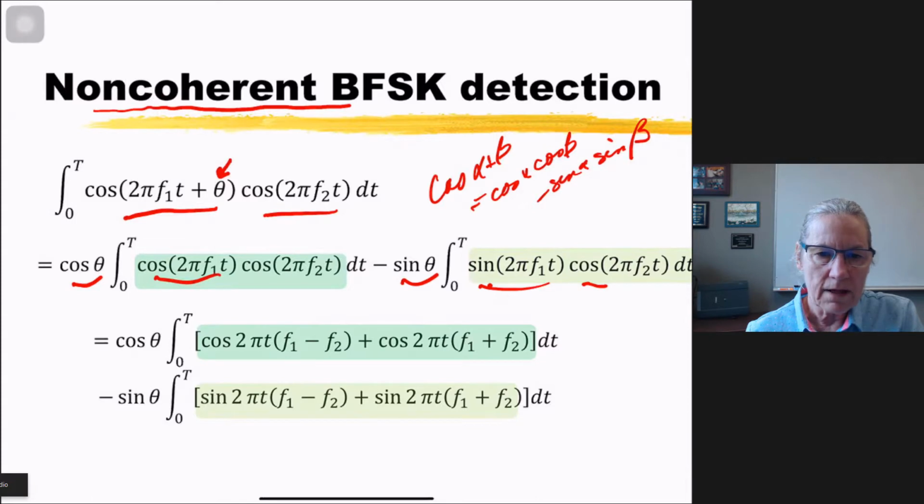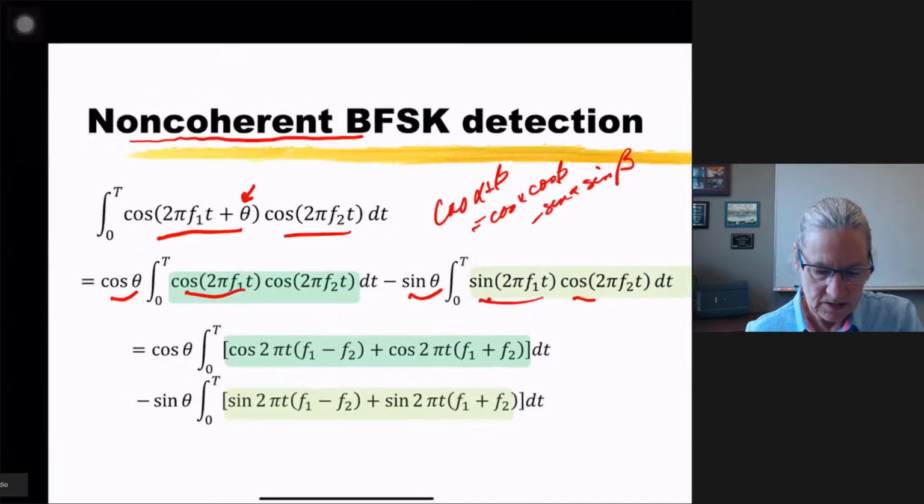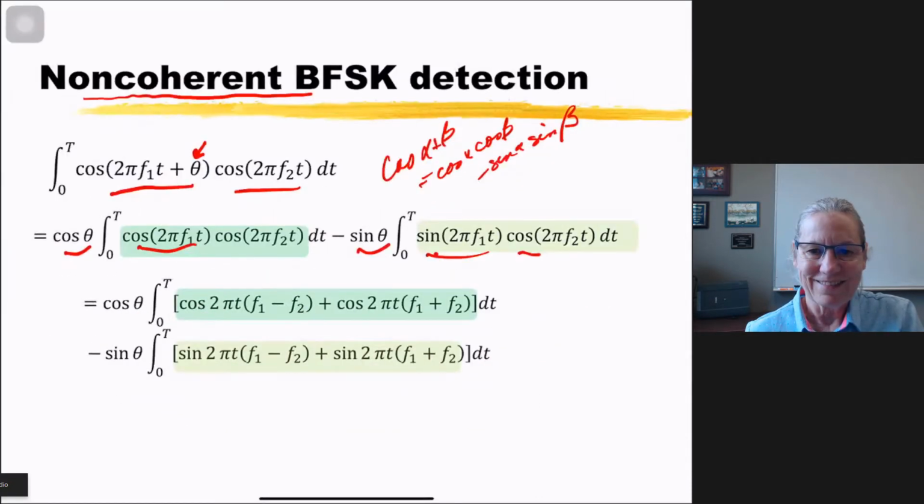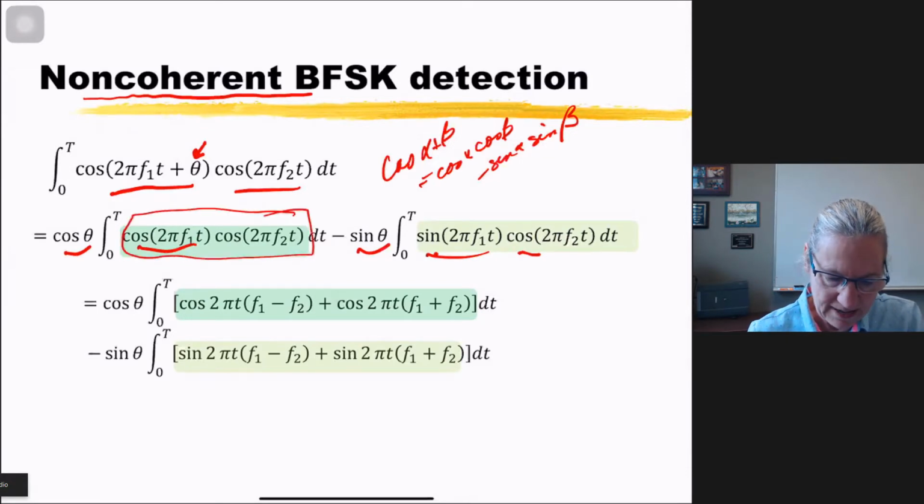And of course, later I have the next manipulation, where I have a cosine times a cosine, and I do sort of the inverse of this relationship.